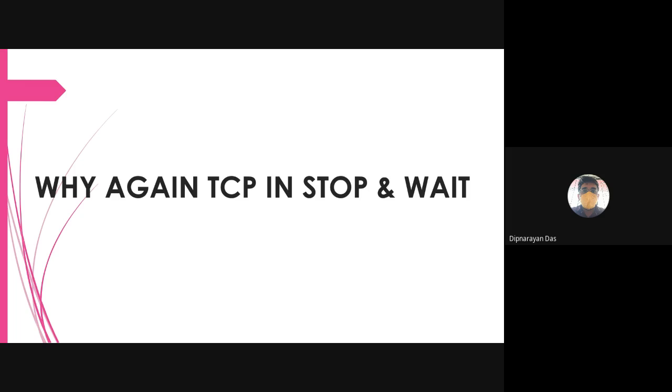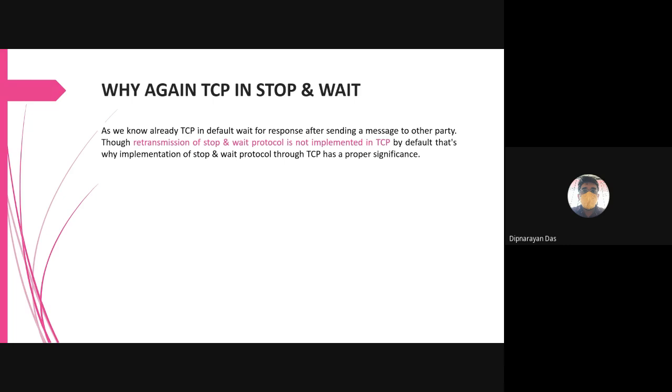Because we already know that TCP waits for a response from the server after it sends data. By default it waits for a response from the other node. But in stop and wait, we also have to retransmit the data if the connection is broken. This is the new thing in stop and wait. That's why we have to implement stop and wait in another way in TCP.